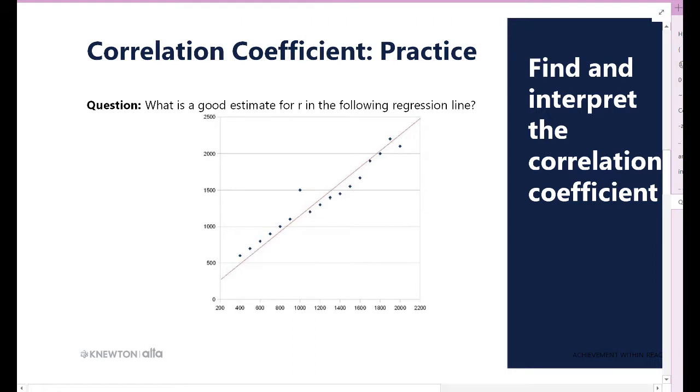And look at that red line, it has a positive slope. So that indicates that our R should be close to positive 1. Remember, your R, your correlation coefficient, can be positive or negative. But because our slope is positive and the points are close, we're going to have a strong positive linear correlation.